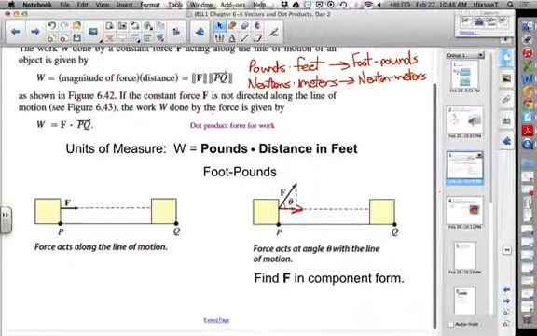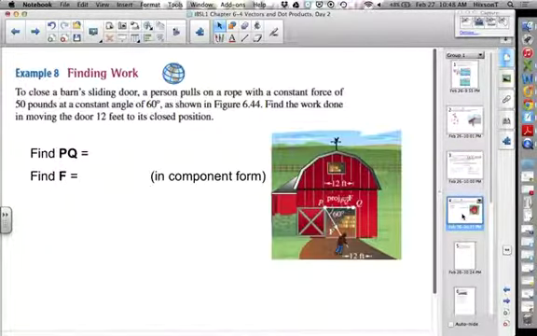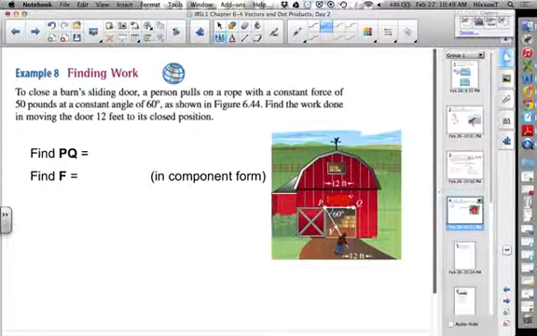So, let's look at an example where this comes up. And we're not talking about the projection, so I'm going to paint the barn here so you don't even see that. Okay.